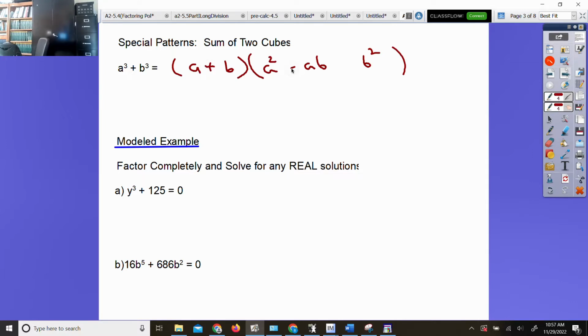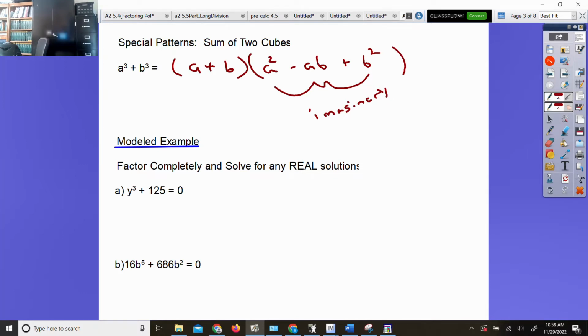Middle symbol is a minus, last symbol is a plus. Plus, minus, plus. There's an acronym for that on the next page. This is still imaginary. Real solution is the first factor.